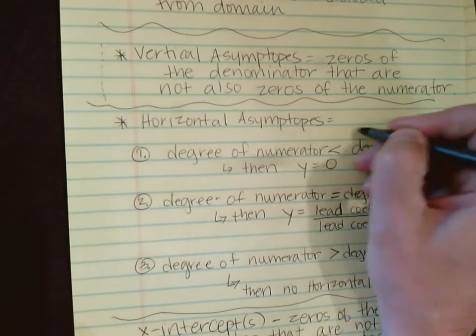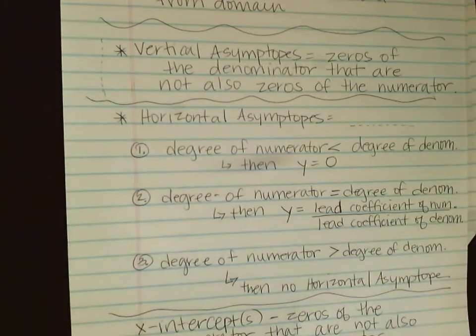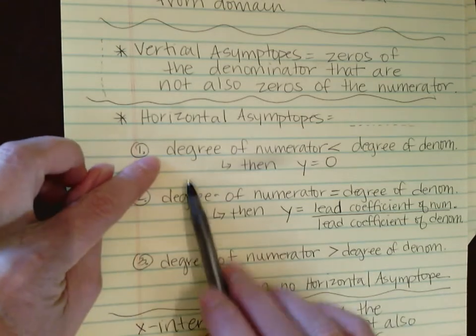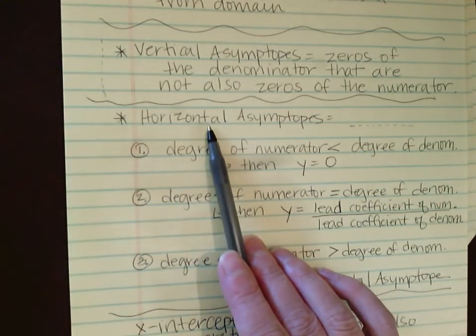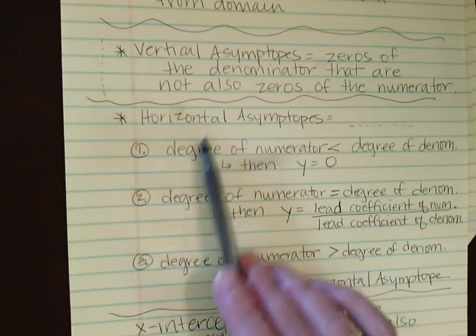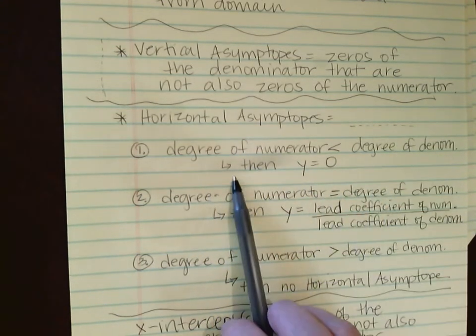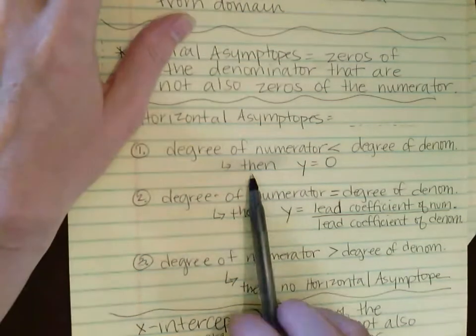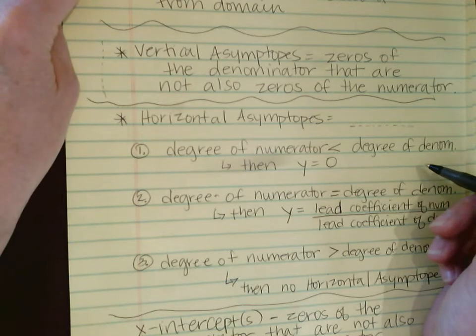Horizontal asymptotes are the same idea, but they are horizontal lines like this. The way that you decide what the horizontal asymptote is, is by the degree of the numerator. If it's less than the degree of the denominator, then the horizontal asymptote is simply y equals 0.